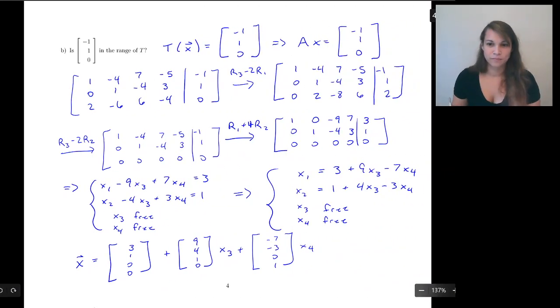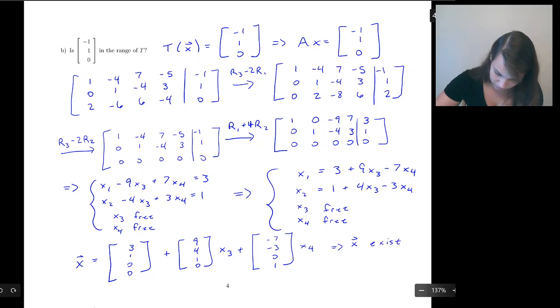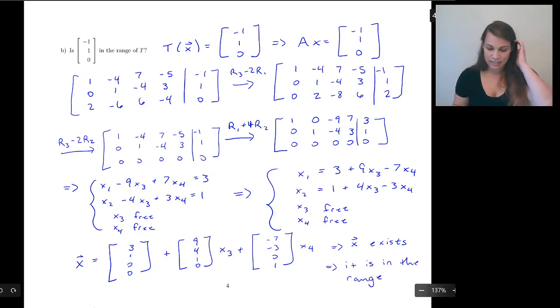Okay, so we have found such a vector that exists. So then it is in the range. It being the vector. I just didn't want to write it out. Okay.